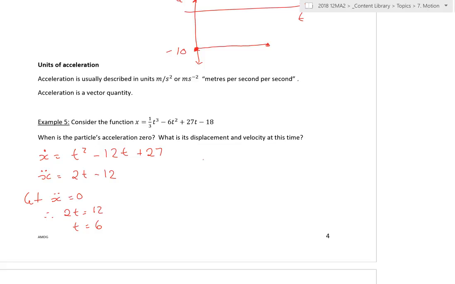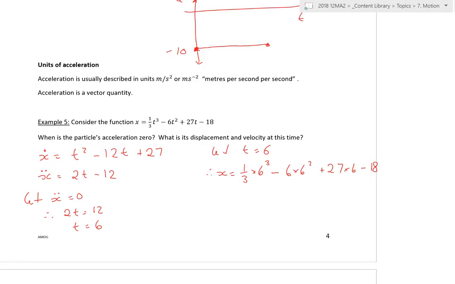Now I'm going to substitute that into my displacement and velocity functions. Let t equals 6, therefore x equals a third of 6 cubed, minus 6 by 6 squared, plus 27 lots of 6, minus 18.